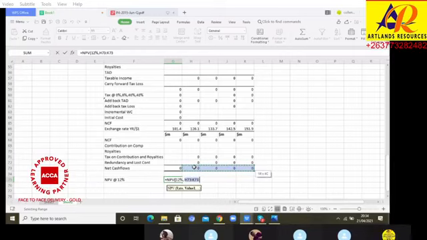Then we close the brackets, then we add the value in year 0. Why adding in year 0? Because it's a negative value. Yes, because year 0 we need to subtract it. Now if it's a negative and you subtract a negative, it then adds. So yes, you add it like this.